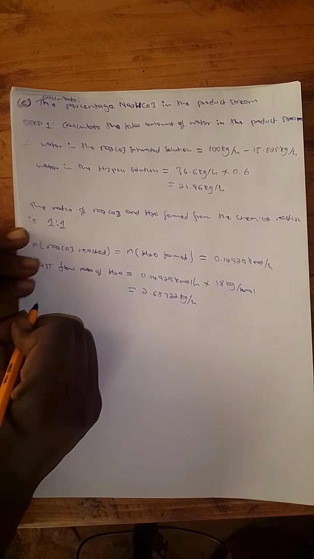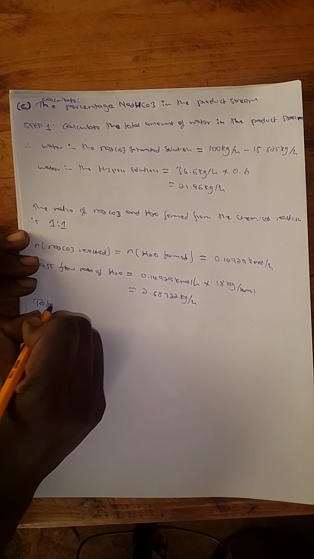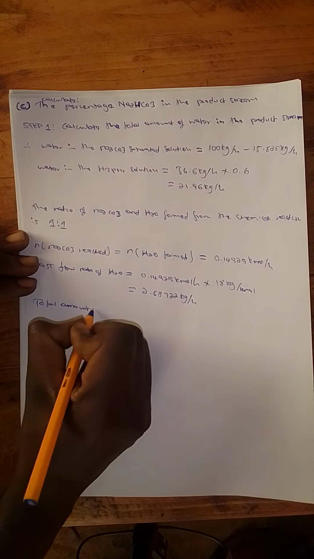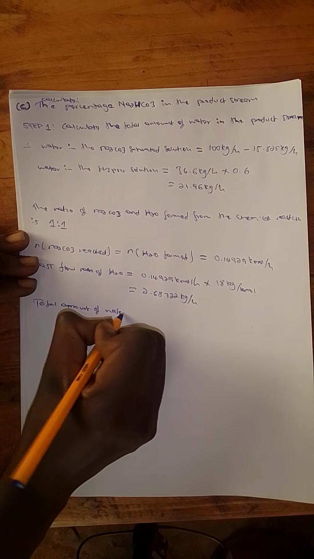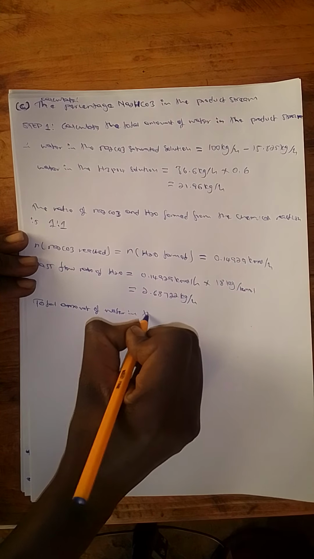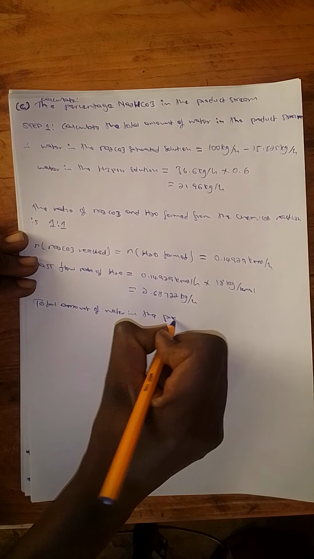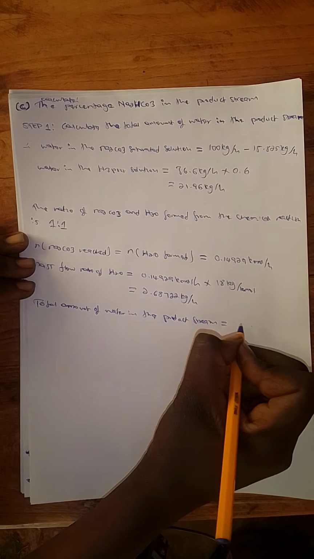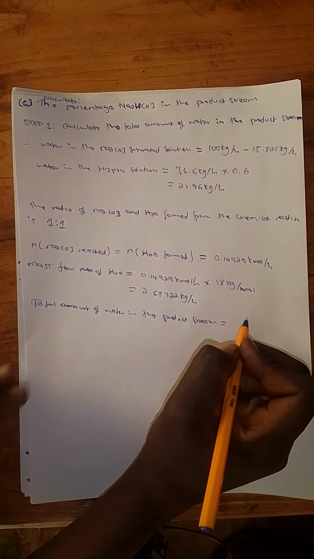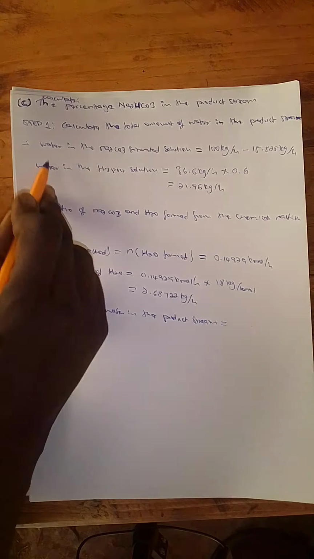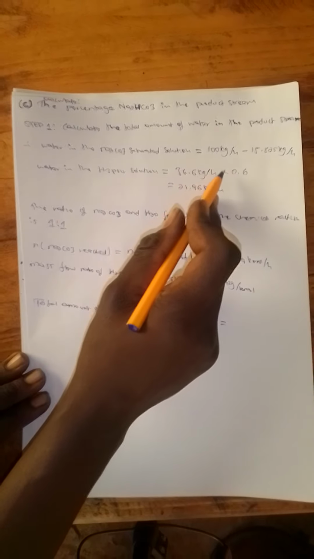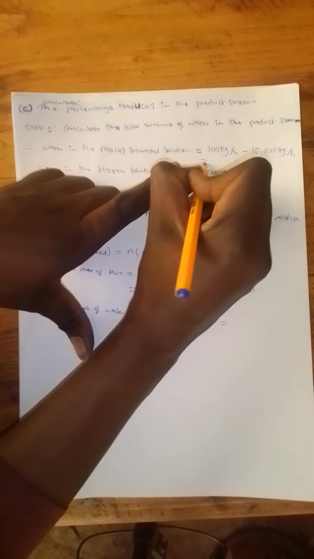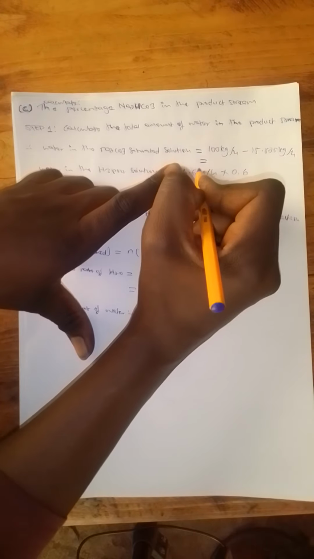So now the total amount of water in the product stream is equals to, the first one we calculated to be here, if you can check, I forgot to put the final answer.